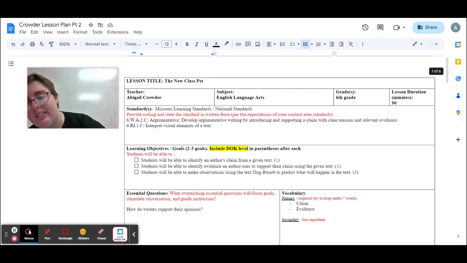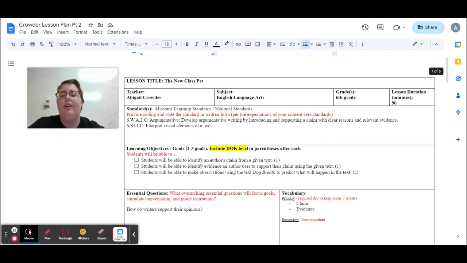This is the reason I chose a picture book also, because it aligns more with the standards. And these standards are decided by each state's Department of Education, and they are a blueprint for schools to write curriculum, which curriculum is written by each school district.